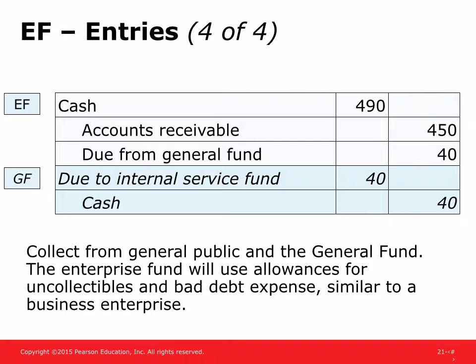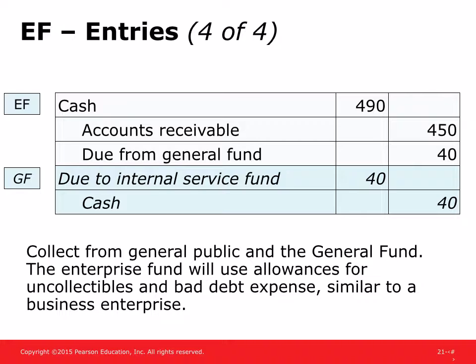So here you have a collection on some portion of that. The enterprise fund is going to use some type of bad debt or uncollectible accounts similar to what you would see in a business enterprise. And obviously this is representative of not all of the bills getting paid, but assuming the full amount gets paid by the city to itself or to the enterprise fund, and then a portion of the accounts receivable are collected, and obviously a portion here is not being collected.